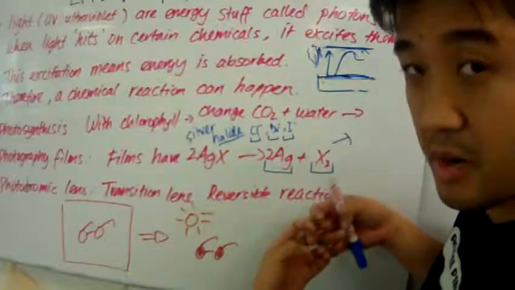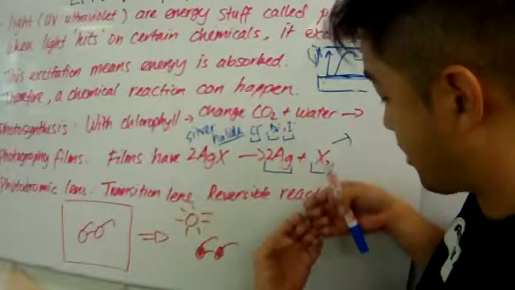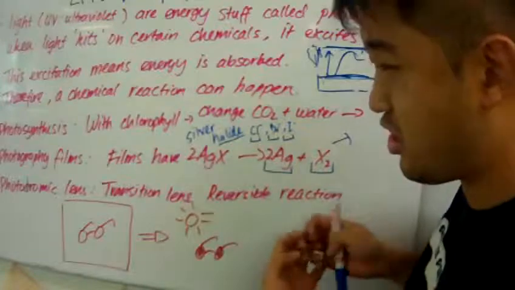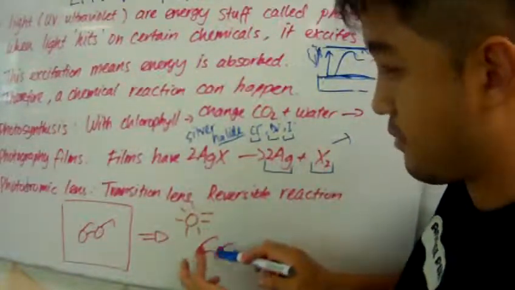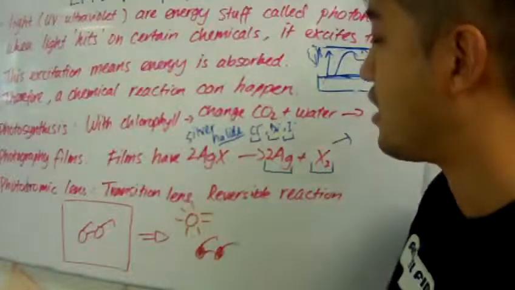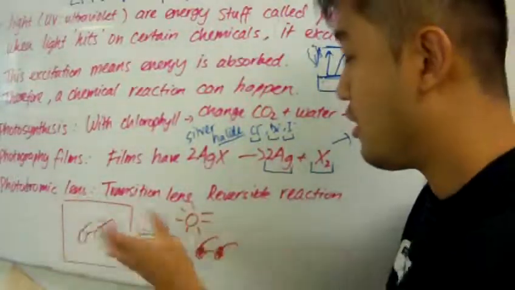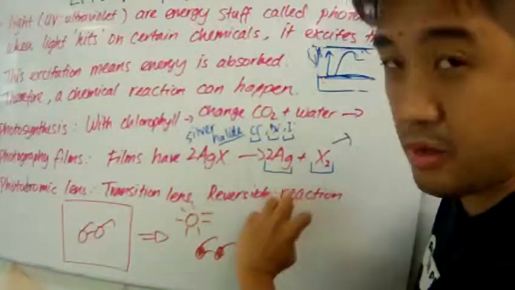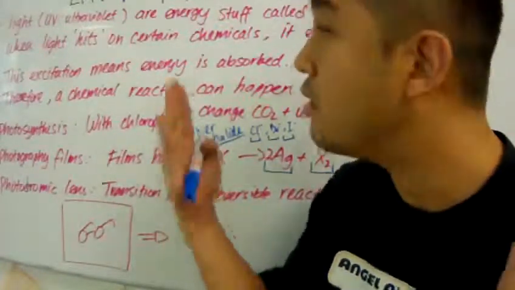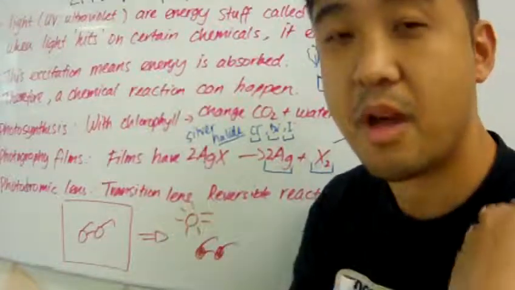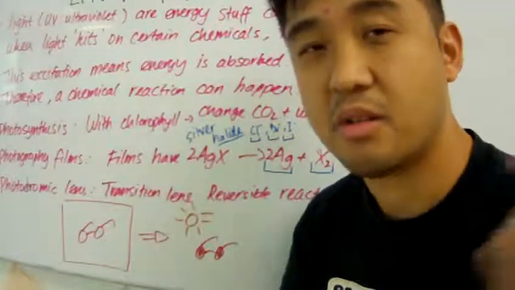I don't want to use complicated words, so: change shape. That change of shape creates the sunglass effect. When you go back into a room, the chemicals revert to their original form. So there you go, examples of how light can help in terms of chemical reactions.